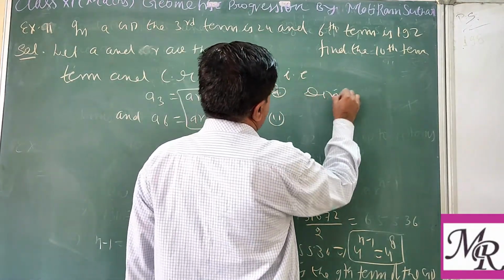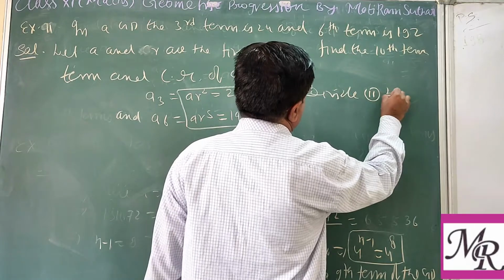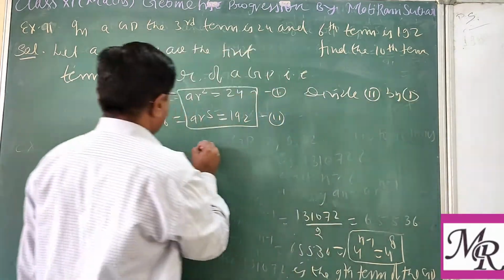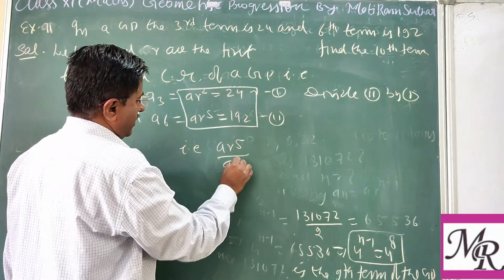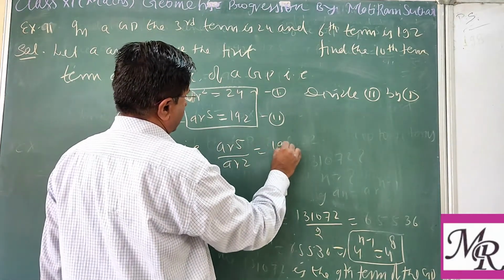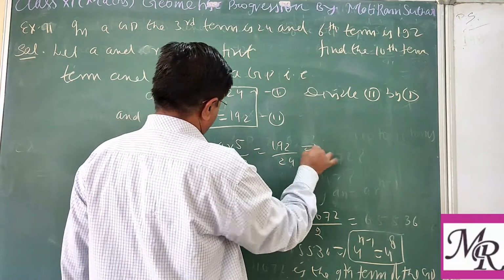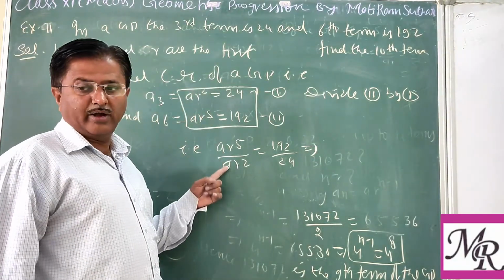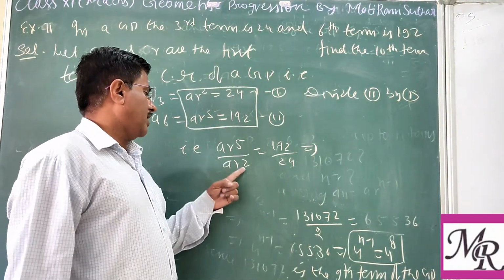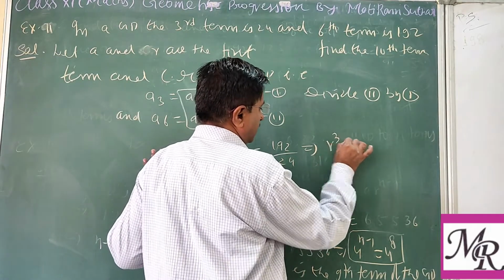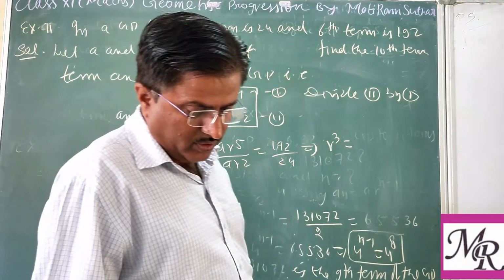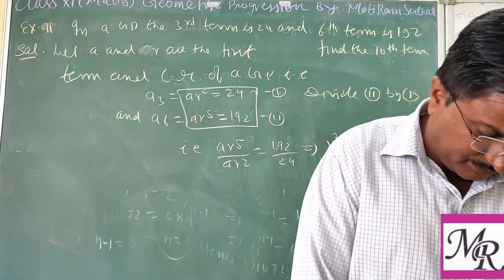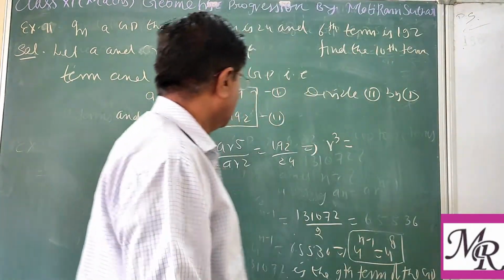So divide second by first, that is AR power 5 divided by AR power 2. A divided by A is 1, R power 5 by R power 2 is R power 3. And 192 divided by 24 will give you 8.